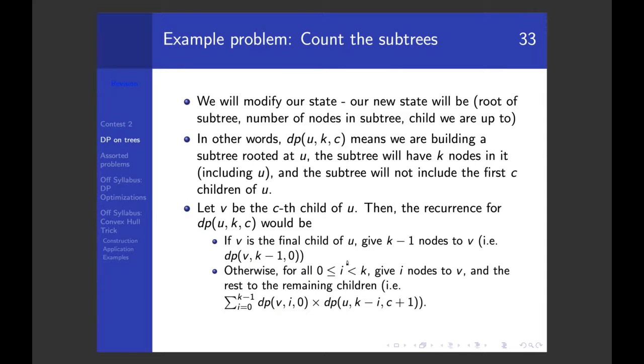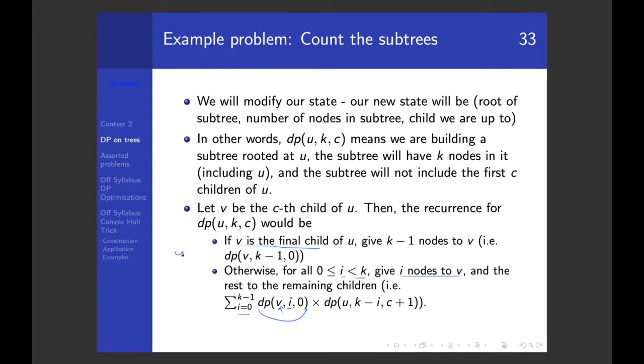However, if V is not the final child, then we're going to try giving some number of i nodes to V, less than k, because we need to save one for ourselves, and give the rest to just the remaining children. That is the sum, for all i, of this first value, dp v i 0, the number of ways to build a subtree of i nodes rooted at V as a child.